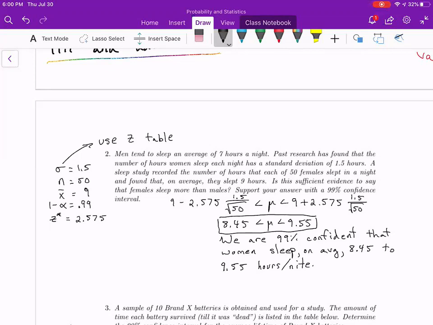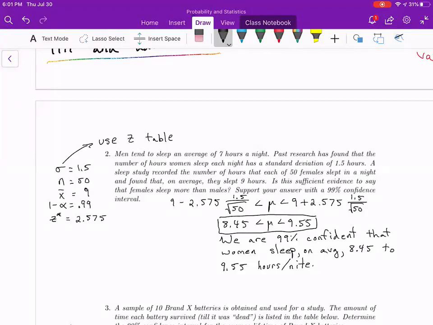Can either of you explain why? Sydney said because the average for women is higher than the average for men. Maybe. Can you answer with respect to the confidence interval? Because even though 9 is greater than 7, what about the interval?